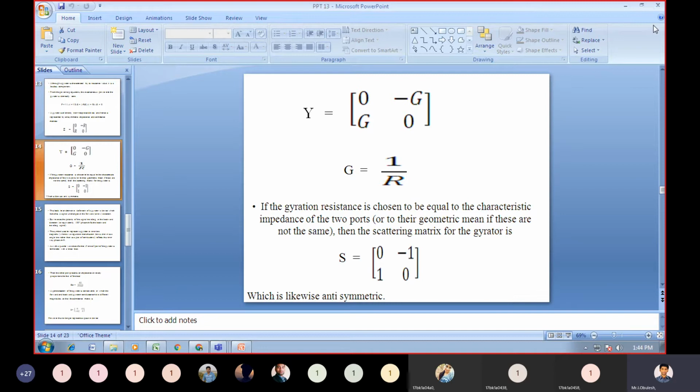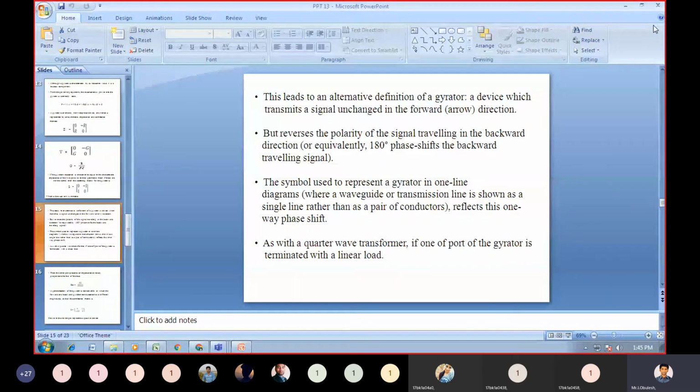A gyrator is a device which transmits a signal unchanged in the forward direction, but it reverses the polarity of the signal traveling in the backward direction, which is equivalently a 180 degree phase shift of the backward traveling signal.